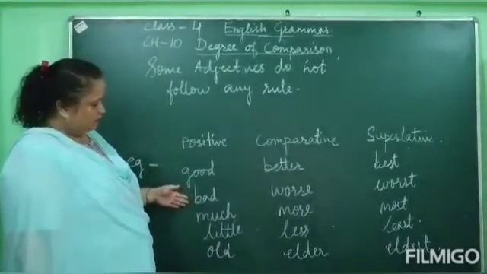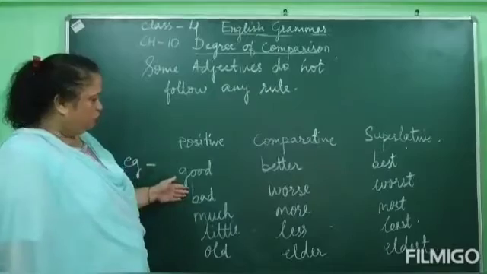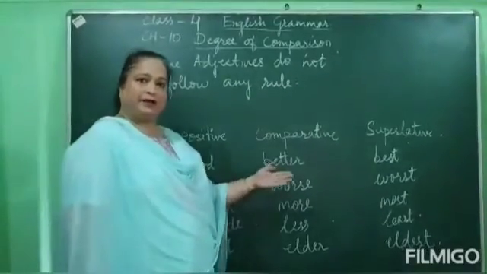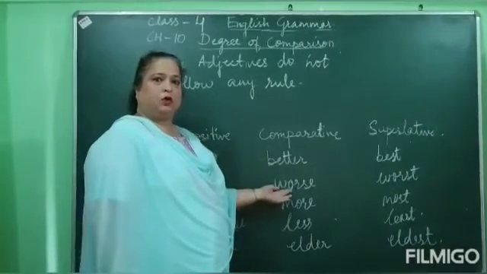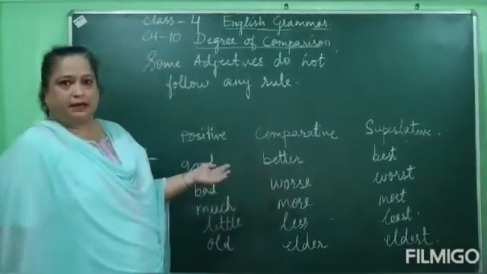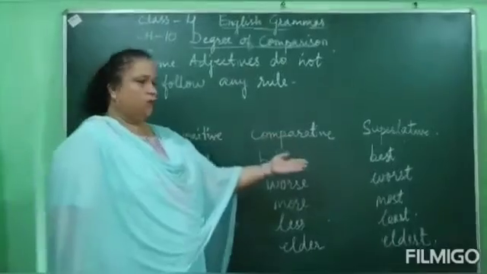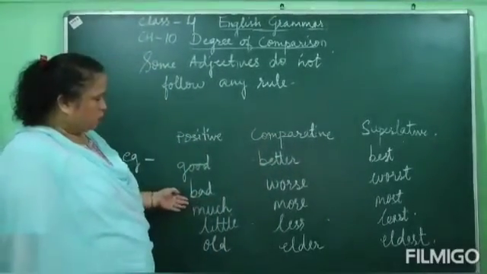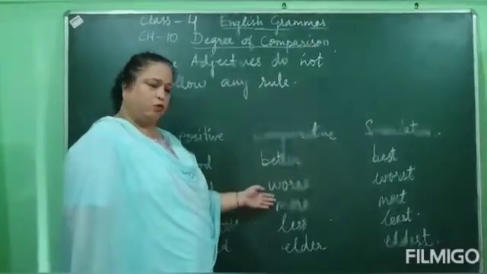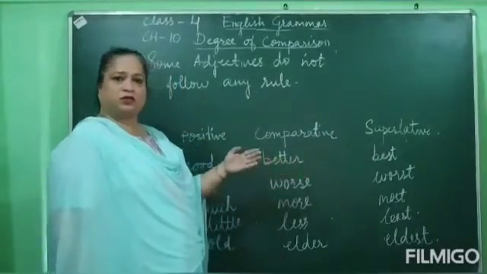Likewise, we have bad. So for bad, we do not write badder or baddest. We use the word worse. Your writing is worse than mine. Then Mohan's writing is the worst. Much. So we have more and we have most.